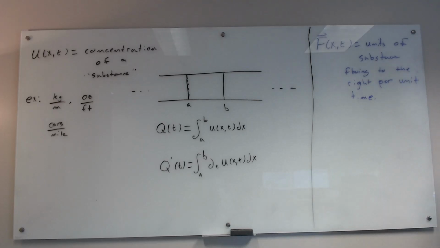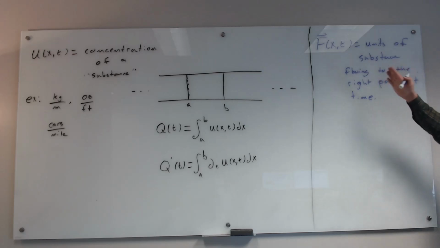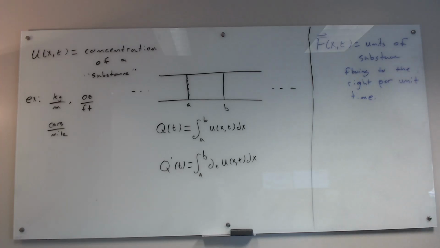Now there's only one spatial dimension, so f is a scalar, but we really should be thinking about it as a vector because it's like the flux. I want us to have that conceptually, that it's a vector, even though it's really just going to be a scalar. And I say to the right, so if it's a negative number, that means to the left. Okay, so it's units of substance flowing to the right per unit time.